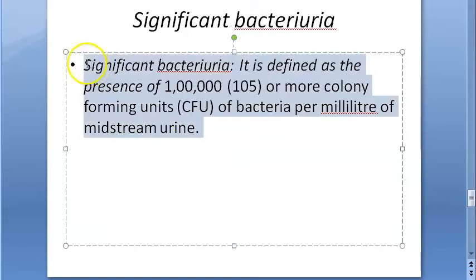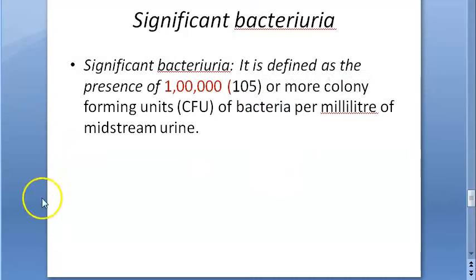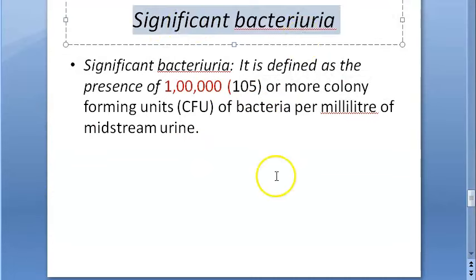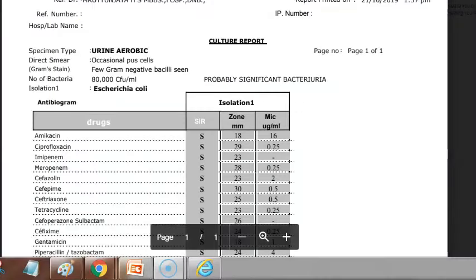If it is midstream, it is usually bladder. So for significant bacteria, what you have to remember is 1 lakh or more colony forming units, CFU, of bacteria. So it will be of a specific type of bacteria. Sometimes it can happen that there is no bacteria also, but it can mean that it is an inadequately treated UTI, etc.